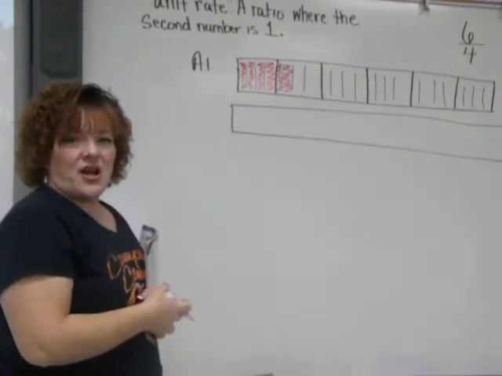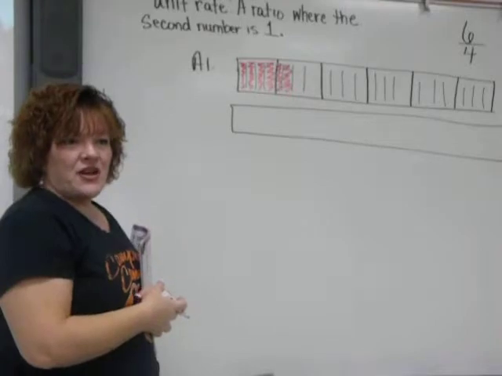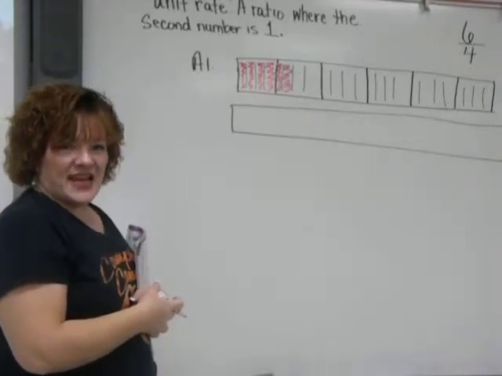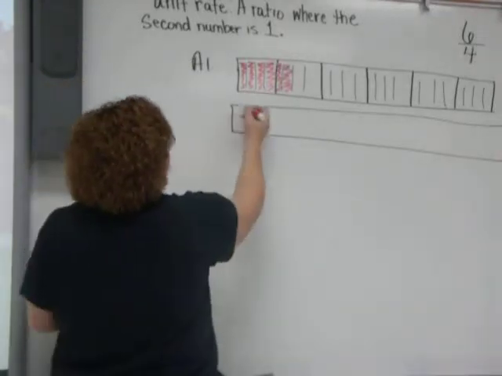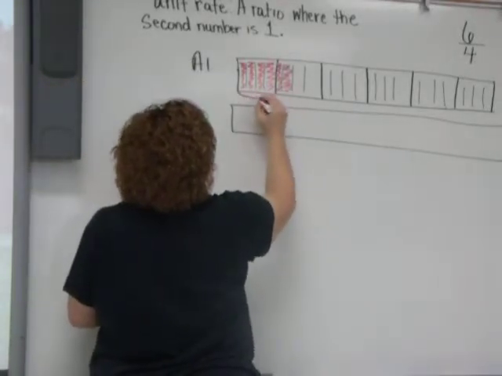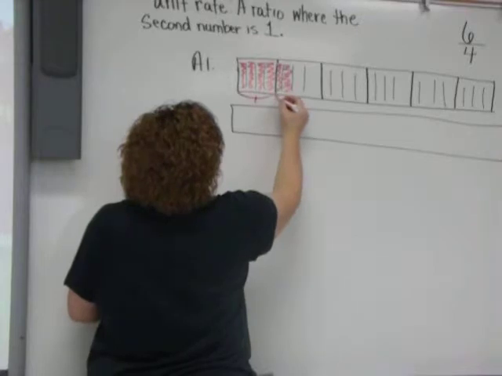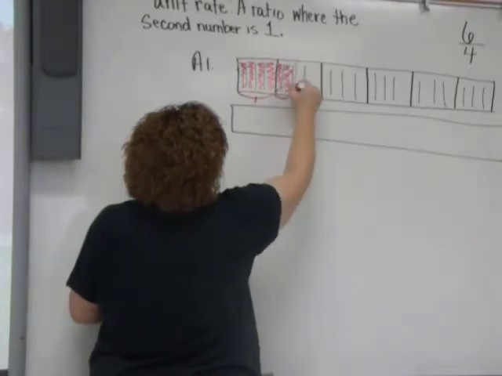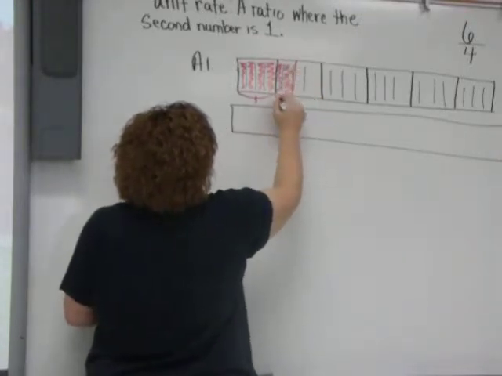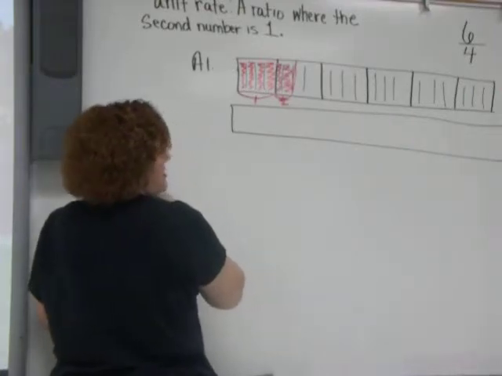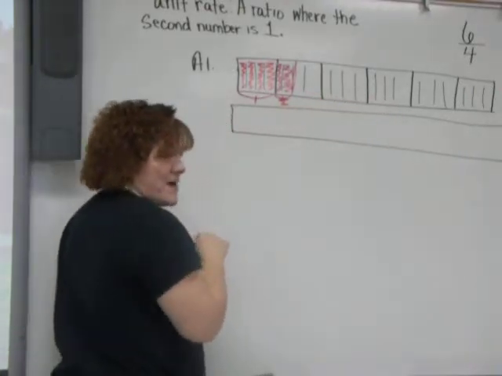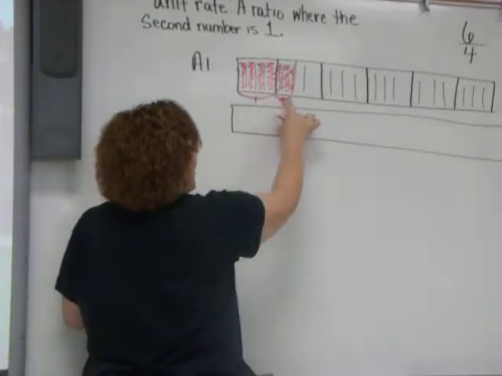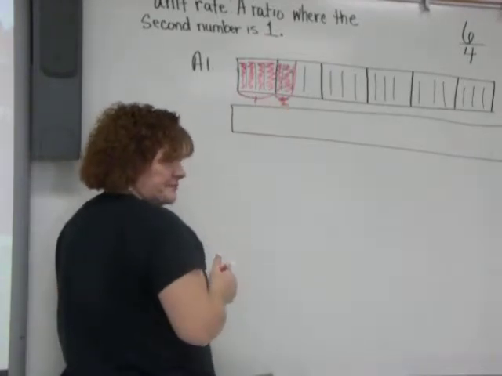Then that's going to show us how much each person gets. Each person, that's our unit rate. They get 1 whole segment and 2/4 or 1/2 of the next segment. So there where it says on the bottom of that tape diagram how much, they get 1.5 segments.